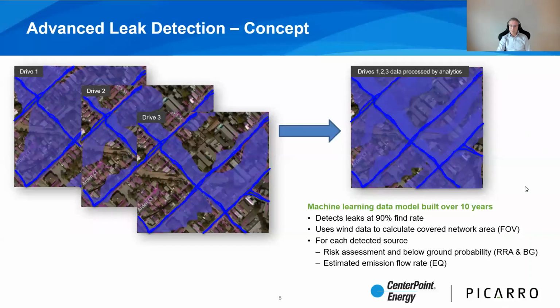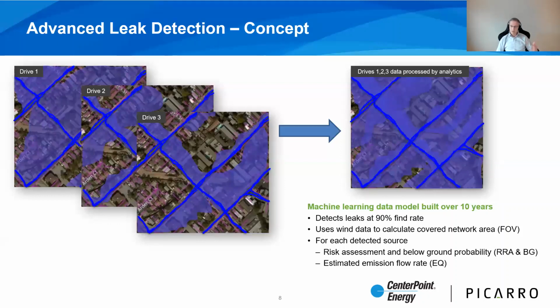So we've built this data model over the past 10 years. And some of the key elements here is, again, we can detect gradable leaks in a distribution network at upwards of 90%, very, very reliably. We use wind data to calculate the coverage of the network area.